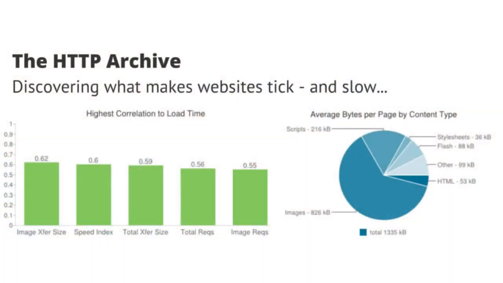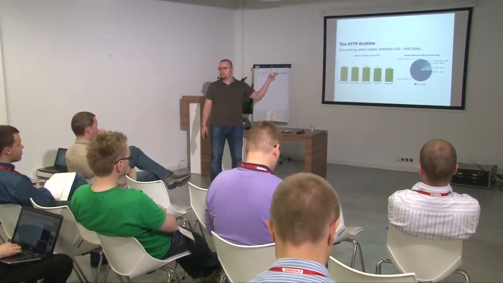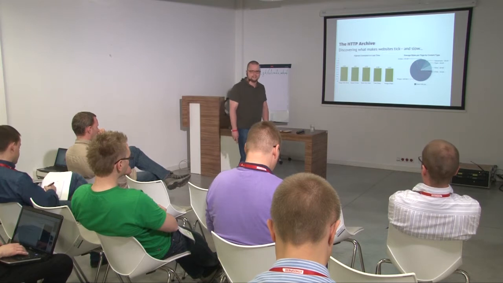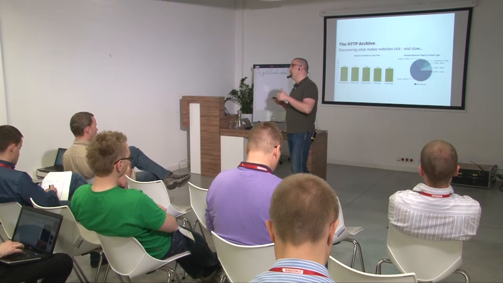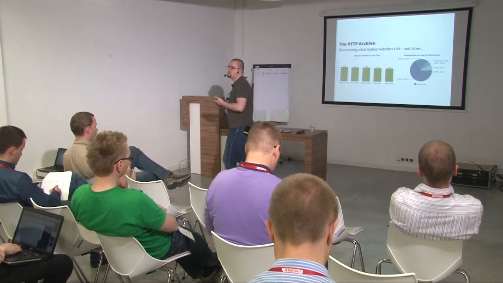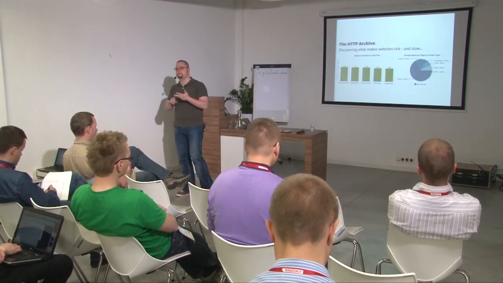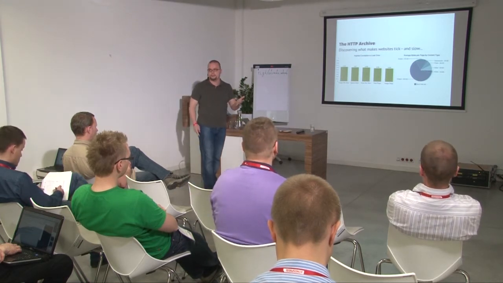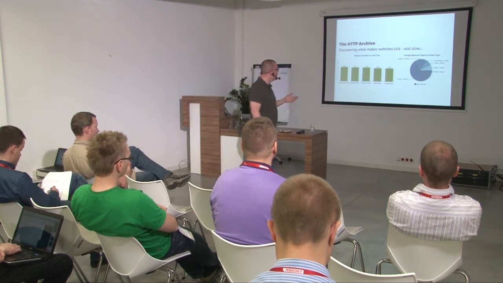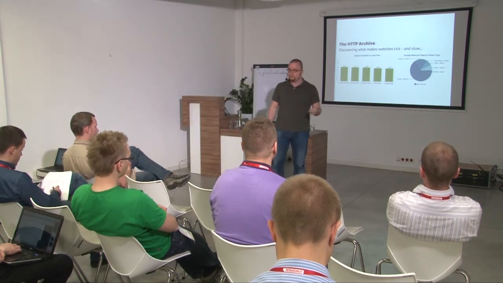And to do that, we tried to discover what are the things that make a website slow. And actually, nowadays, the best place you can go to find this out is Steve Souders' HTTP Archive, because he tracks more than 1 million sites now, I think. What he does is he aggregates all the data of how many images are there in a site, how many Flash objects, how many JavaScripts, which kind of JavaScripts, does the server use proper caching, etc. That's the kind of thing that the HTTP Archive tracks each and every month, iteratively.